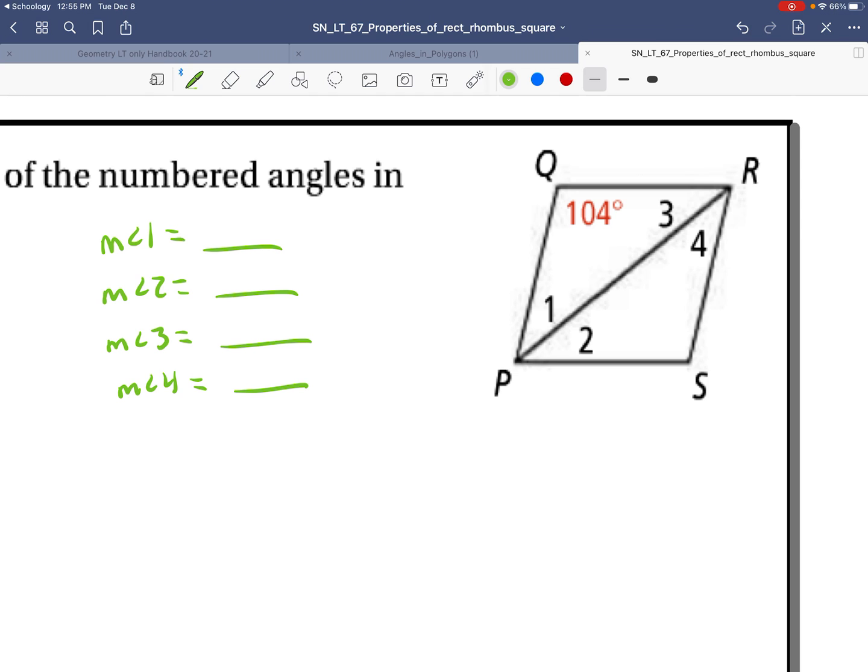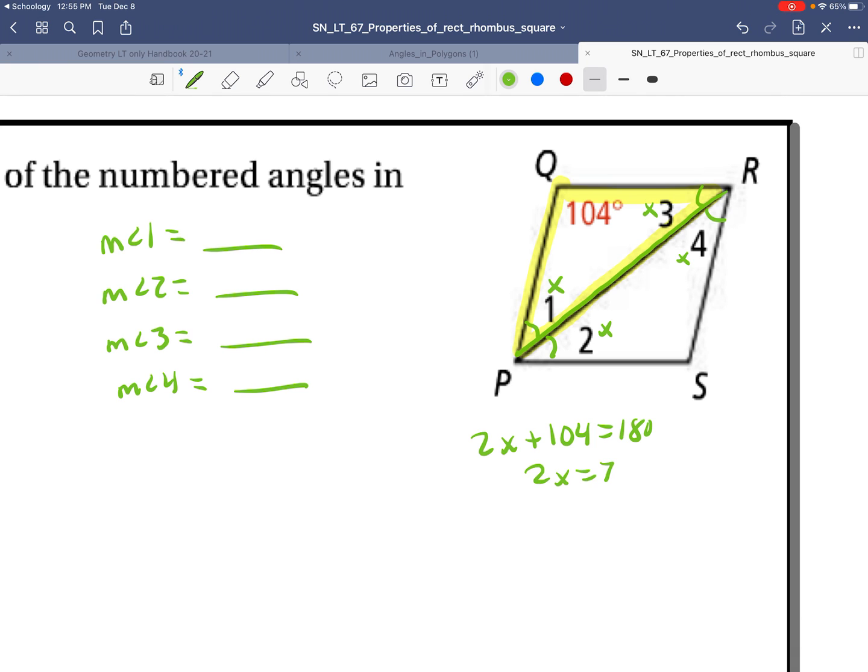So this is 104. What we know is that this diagonal is bisecting these angles. So these are congruent and these are congruent. So if I set these each equal to x, I know in this top triangle that the 2x plus 104 should equal 180.